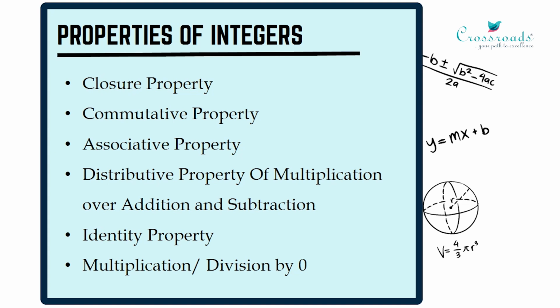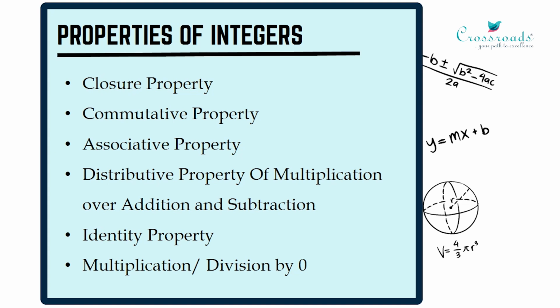Similarly, when multiplied, say a into b or b into a, the resultant product is going to be the same. So if they are multiplied in any order, the product is the same. So commutative property holds good for addition and multiplication, whereas commutative property does not hold good for subtraction or division.